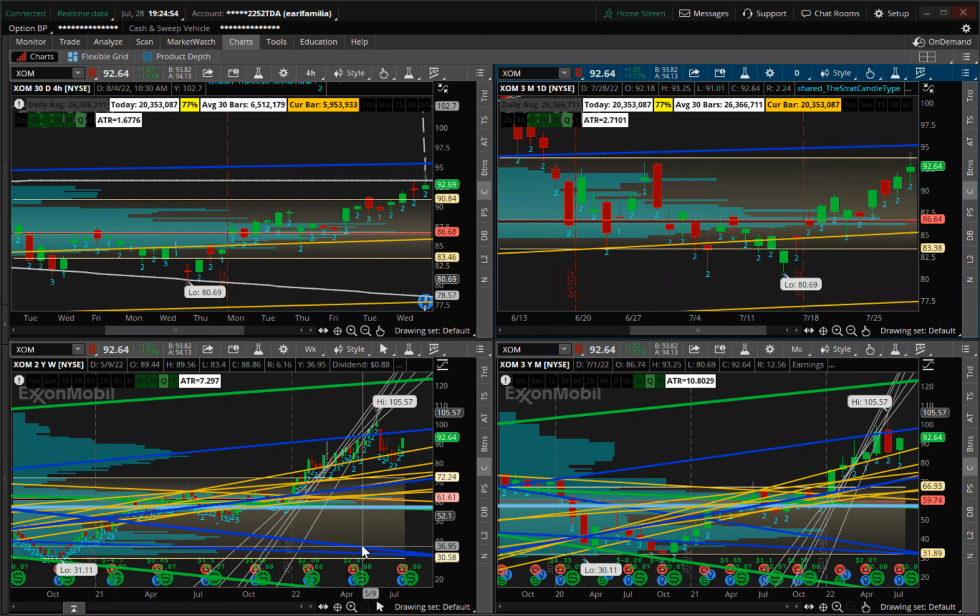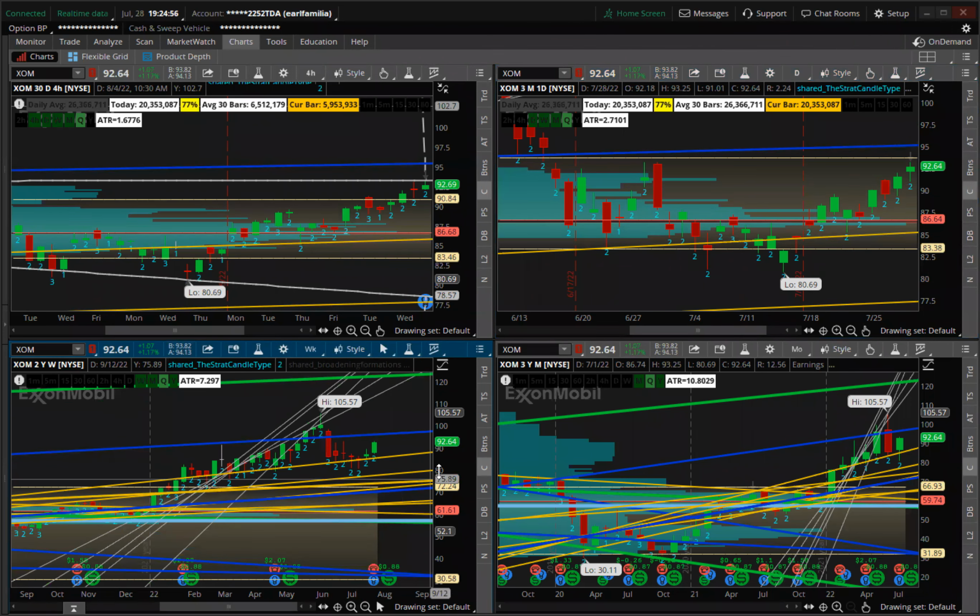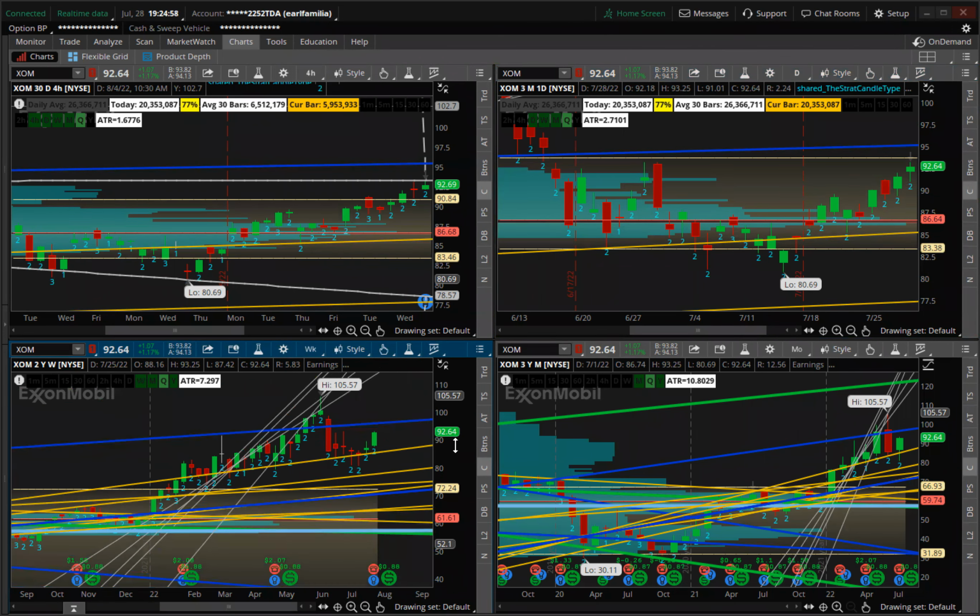XOM, similar deal. Some of these others we looked at. Enforce, moving to the upside. Got a setup for a reversal going into next month. But if you want to trade it tomorrow, you're going to need to find an intraday entry. There are no setups right now. This one's moving in force.